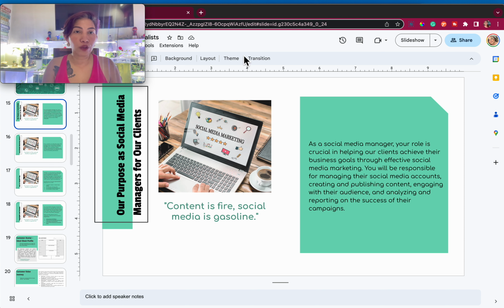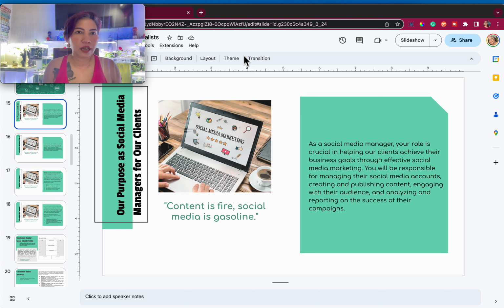And we make sure that the banner or the cover image for their business page is branded, that it's in line with their branding, it's catchy, it grabs the attention of the people checking their pages out. We want to make sure that the profile image is in line with the brand. We want to make sure that the logo is in there. So that's the very first thing that we do.